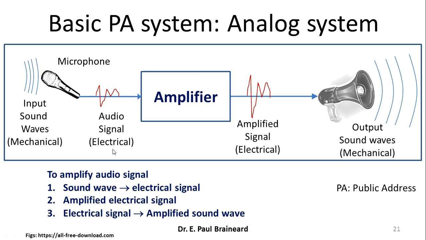So this is the audio signal. Now the magnitude of this audio signal is low. Therefore, in order to enhance the signal strength, we send this signal through an amplifier. The amplifier will amplify the signal and you will get the same signal with higher amplitude.